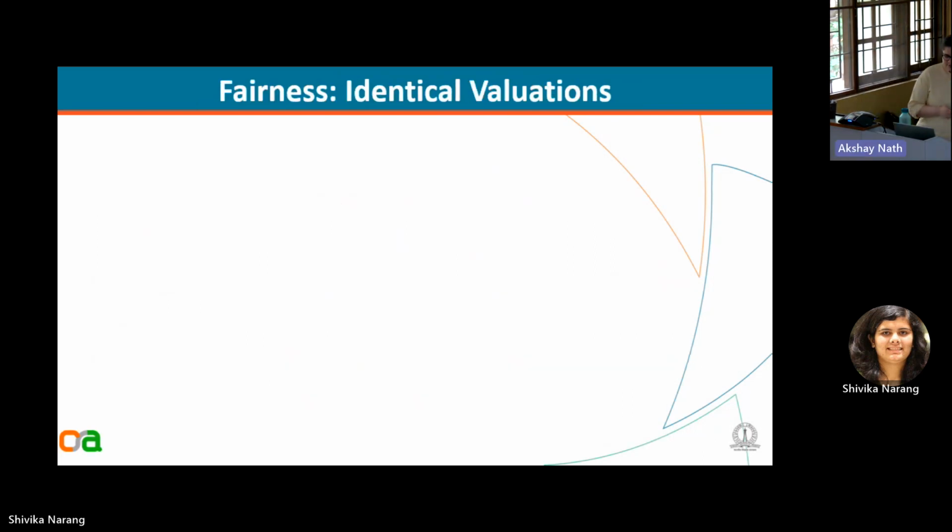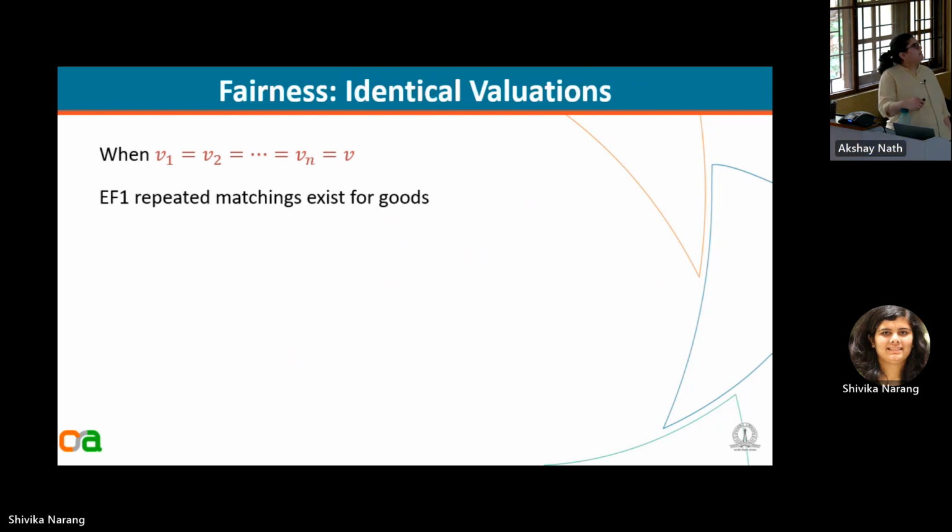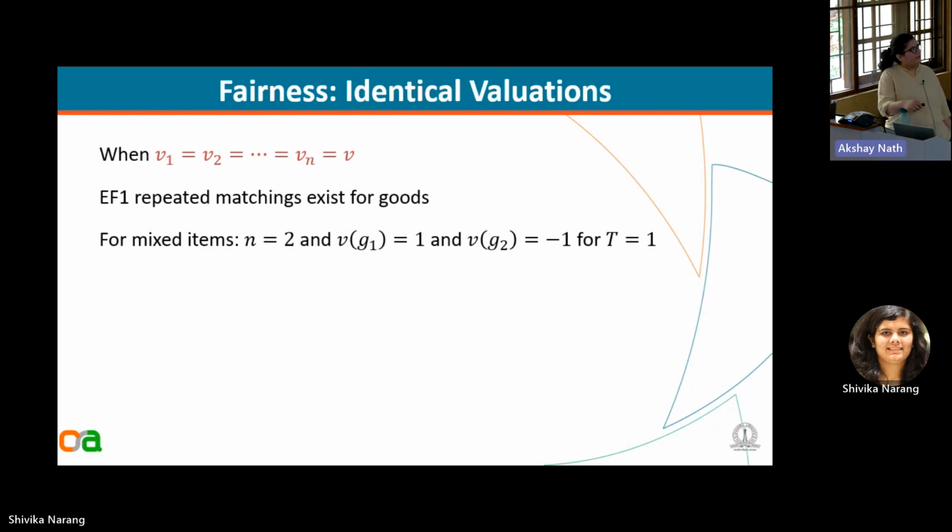So in the interest of time, I will quickly do the next slide. Okay, with identical valuations, so all the agents have the same valuation function, EF1 repeated matchings must exist for goods. We will show this. But for mixed items, say there's one good and one chore, right?